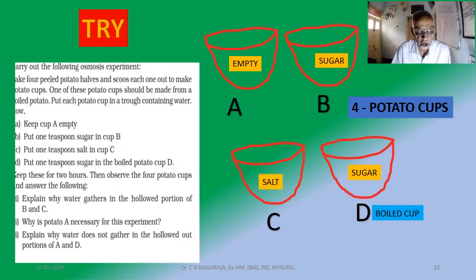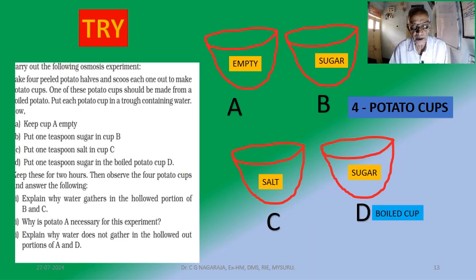A very thoughtful experiment has been suggested in your textbook. It is very simple, you can do it. Take 4 potatoes or 2 potatoes, cut them in the center into half, not lengthwise but crosswise, and remove the inner part to make a cup, as I have shown you here, 4 cups of potatoes, for experiment purposes.